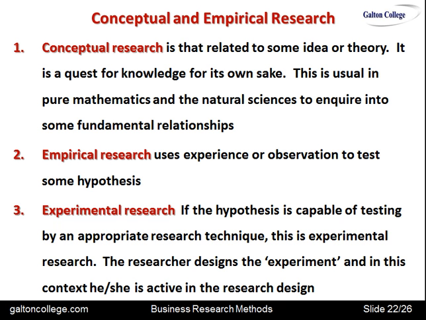It's a quest for knowledge in its own sake. It could lie in the province of mathematics, for example, like we talked about a few moments ago. It's looking at concepts, and it's researching into the meaning of concepts or the relationship between concepts.